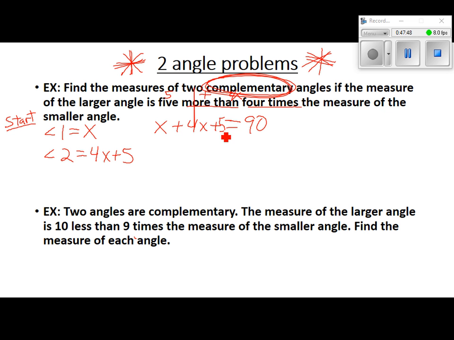Write that down on your paper and solve it. 17. Is that what we're going with? Yeah, 17.